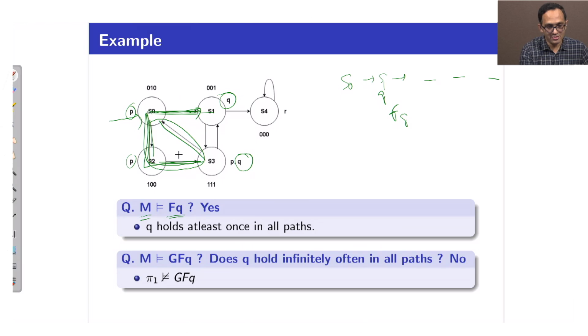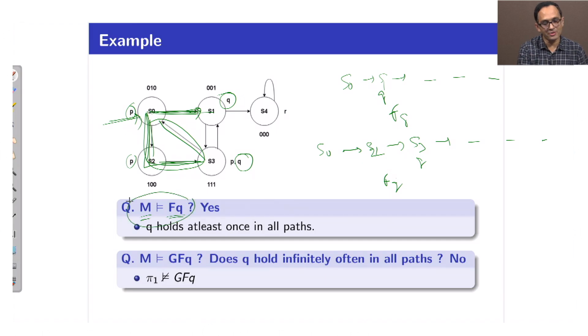But in this also, S0, then S2, then S3 and anything. So, here Q holds, so I can say all paths of this format also satisfy F of Q, right. So, any path starting from this start state will satisfy F of Q, then I will say yes, this model satisfies F of Q.